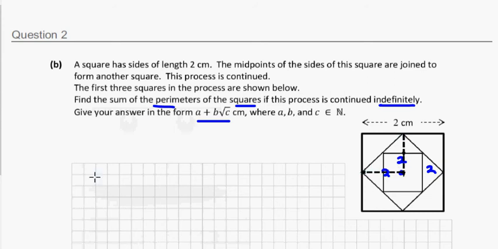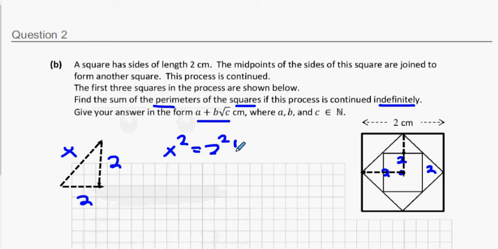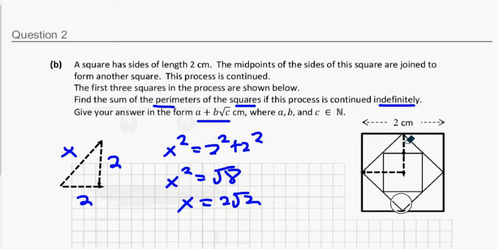So what we effectively have is a triangle with 2 here. So 2, 2, x. X squared equals 2 squared plus 2 squared. X squared equals 8. X equals 2 root 2.